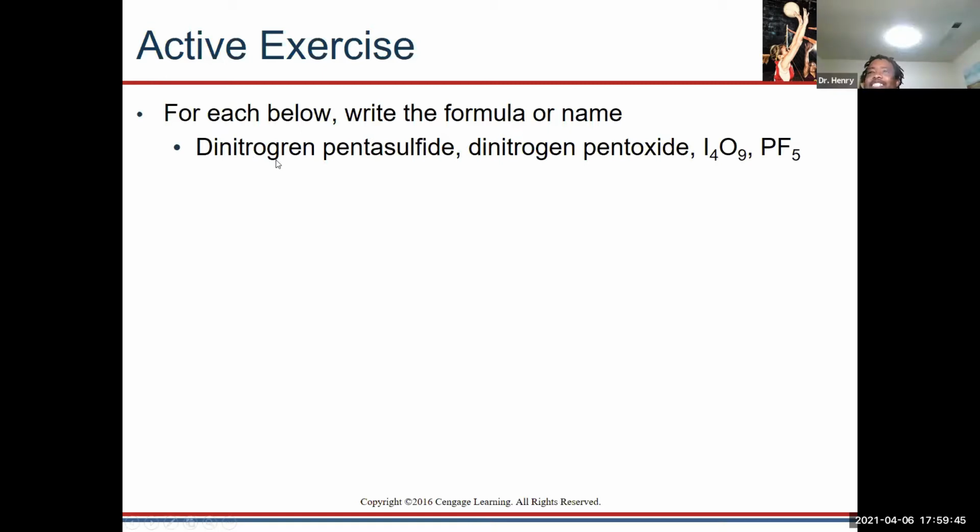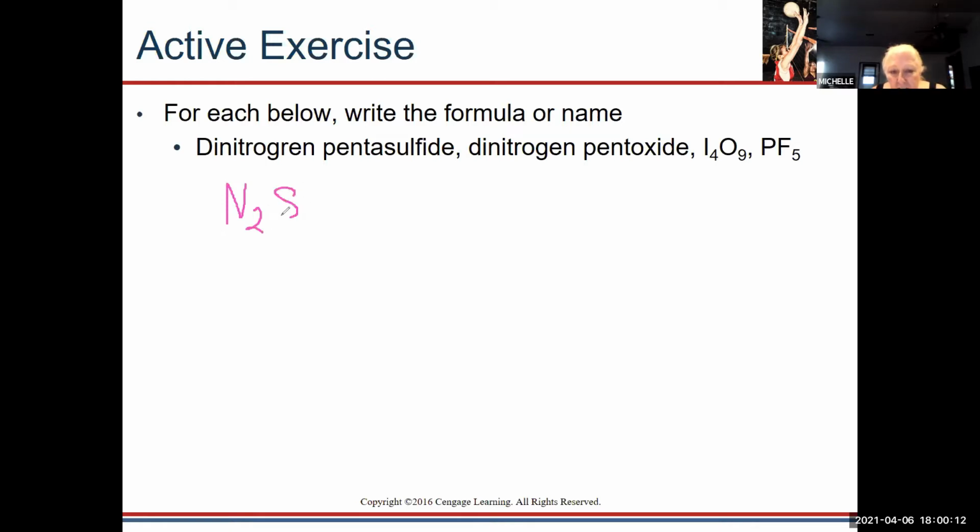Okay, so here's one, Daisy. So we have dinitrogen pentasulfide. So that would be N2 and S5.